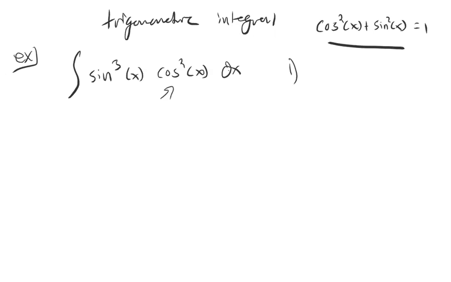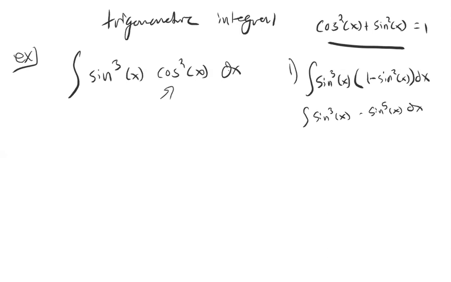So if we do that, then we have the integral of sine cubed of x times 1 minus sine squared of x dx, which, okay, we've gotten everything in terms of sine now. But at the end of the day, we're trying to integrate sine cubed of x minus sine to the fifth of x dx, and we don't really have a rule for integrating these things.